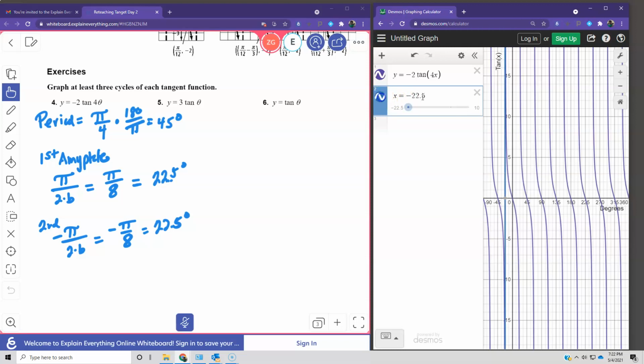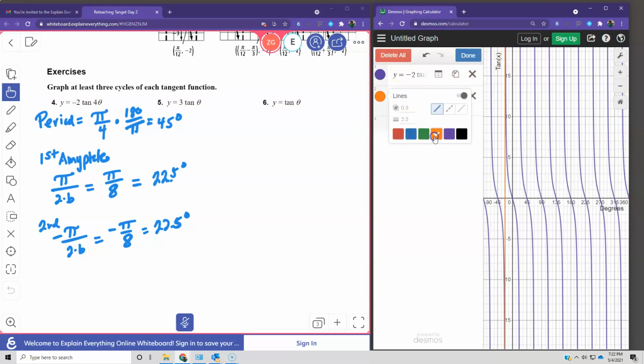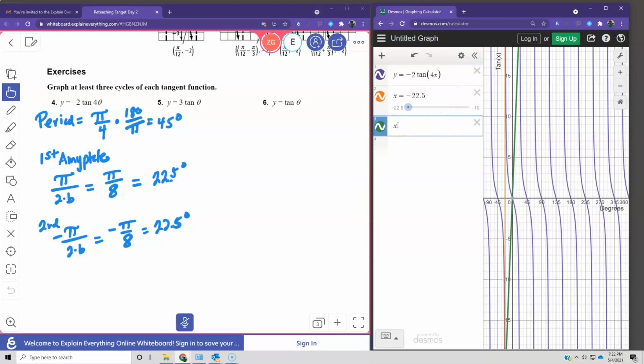And I'm going to make this a different color so we can see the difference. The next one is going to be at x equals 22.5. Now all you would need to do is add the period to the asymptote.